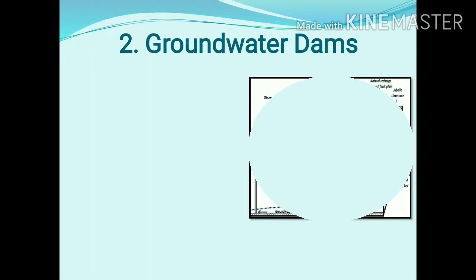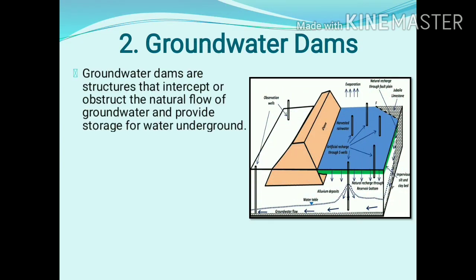The next part of harvesting method is groundwater dams. Groundwater dams are structures that intercept or obstruct the natural flow of groundwater and provide storage for water underground.